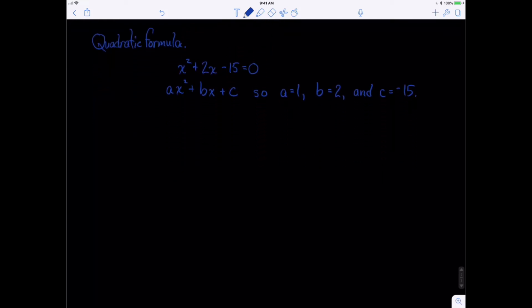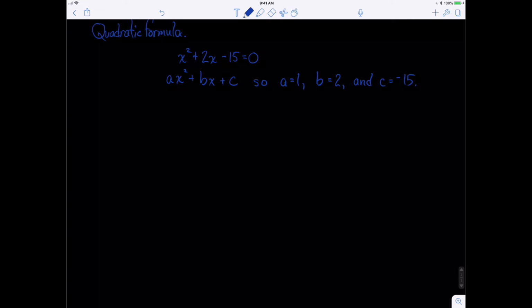Now we put those into our quadratic formula. If you don't remember this, it's always good practice to write it down. The quadratic formula is x equals negative b plus or minus the square root of b squared minus 4ac, all over 2 times a.